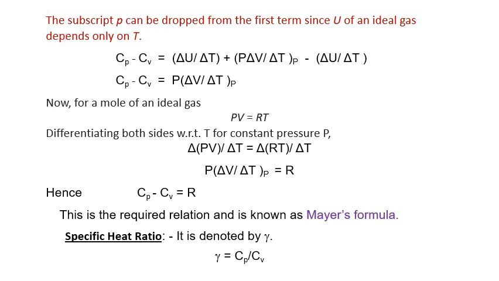Now for 1 mole of a gas, PV is equal to RT. On differentiating it with respect to temperature at constant pressure, you will get P delta V divided by delta T at constant pressure equal to R. So Cp minus Cv is equal to R, and it is also known as Mayer's formula. And the ratio of the two specific heats, Cp by Cv, is denoted by gamma.